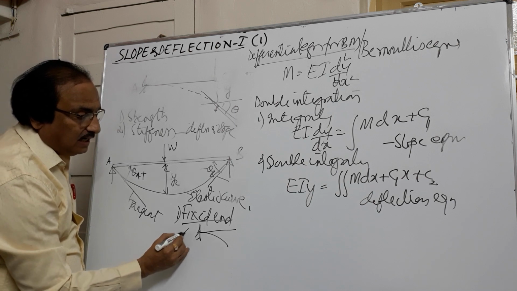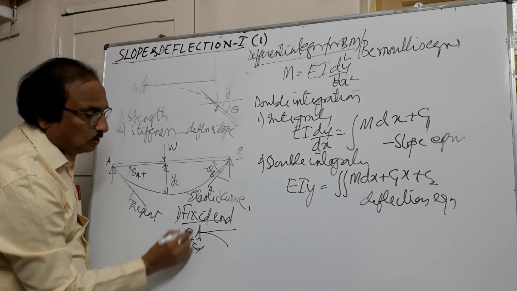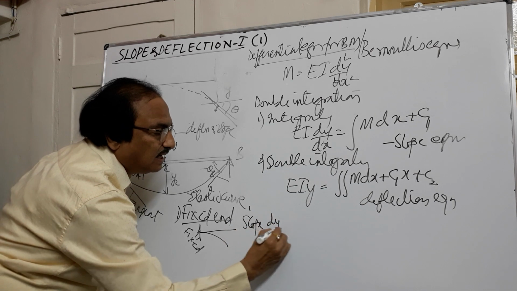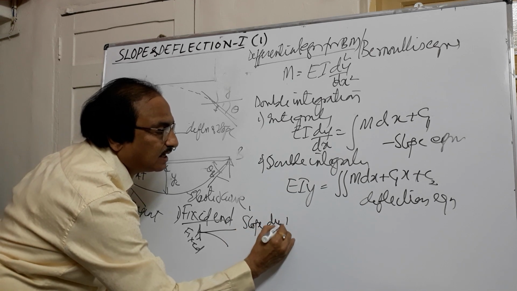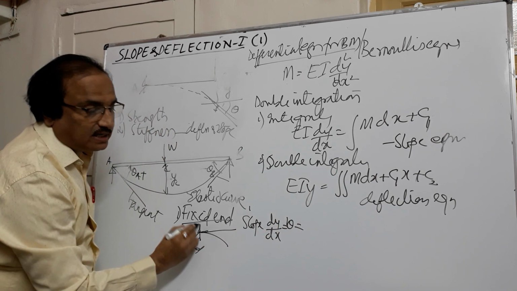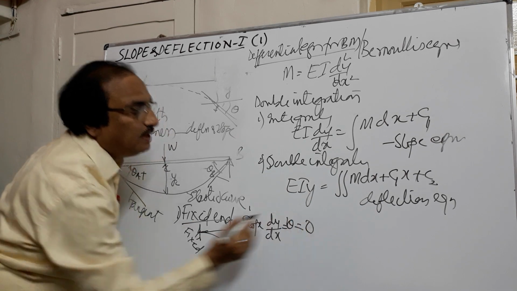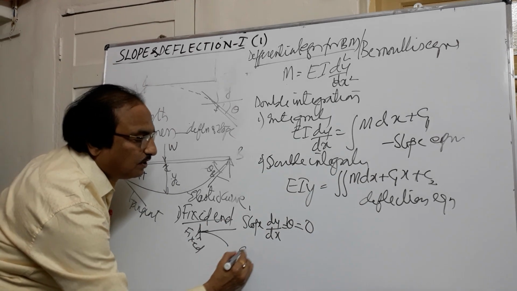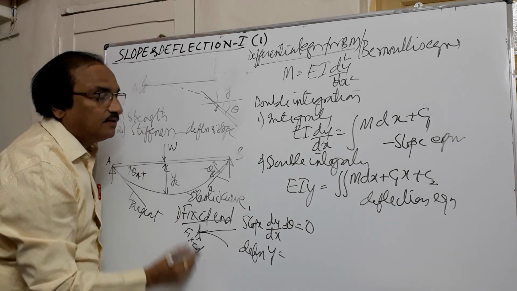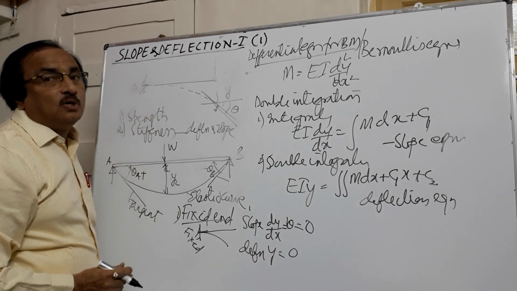Wherever the end is fixed, we see two things. One is the slope, given by dy by dx, which I call theta. Here there is no slope because it is remaining straight and then bending, so slope will be 0. Now coming to deflection y, there is no deflection at the fixed end, so y is also equal to 0.